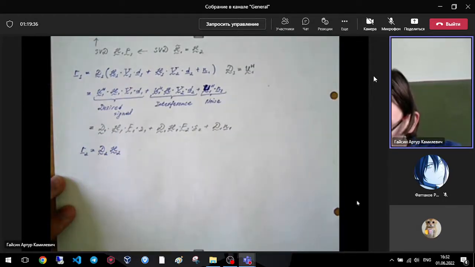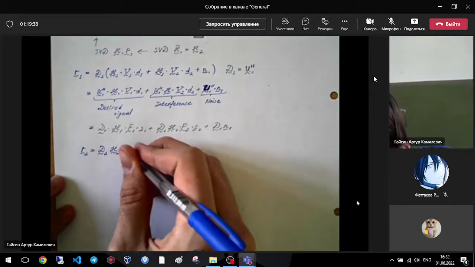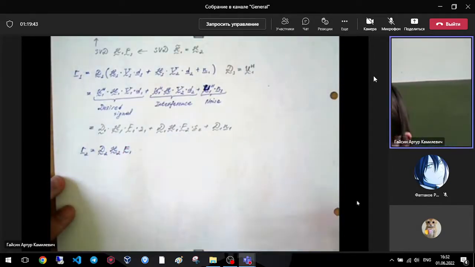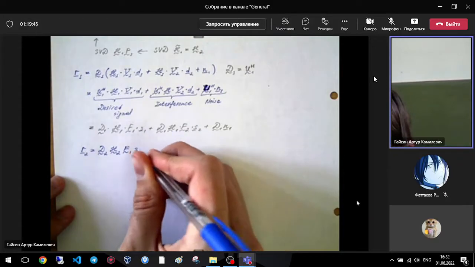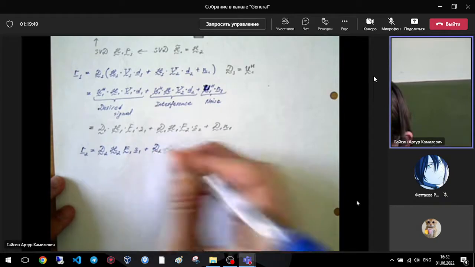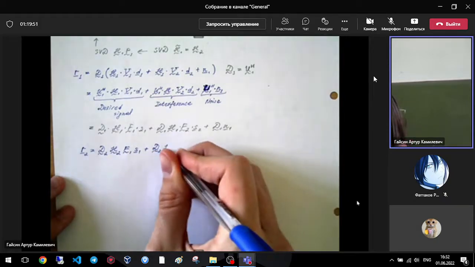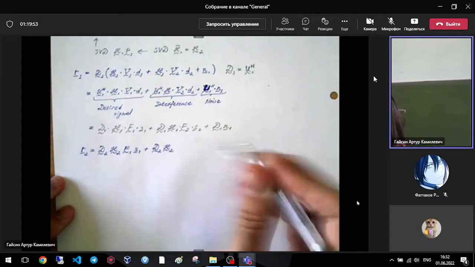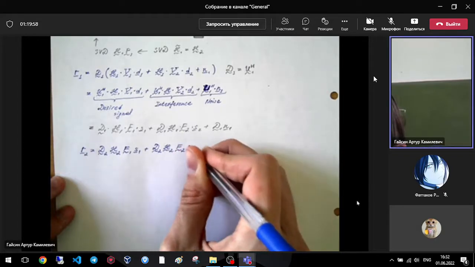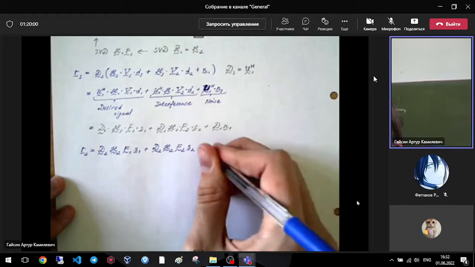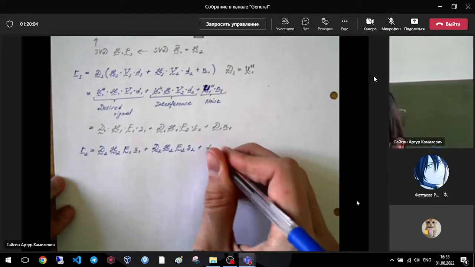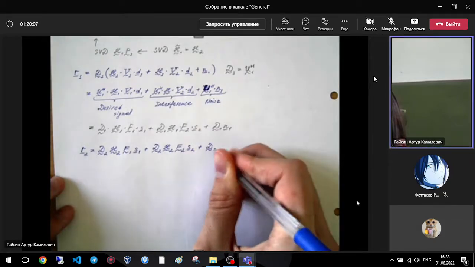Then let's maybe write first user. So the precoding matrix for the first user and the transmitted signal for the first user, plus the decoding matrix of the second user, channel matrix of the second user, precoding matrix for the second user, and transmitted symbols for the second user, plus the last thing with noise, the decoding matrix and the noise.